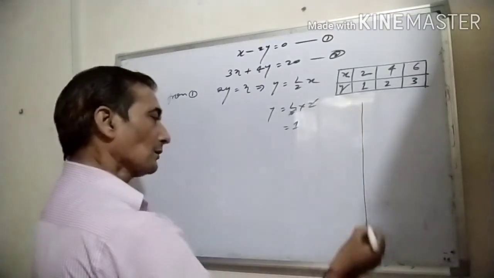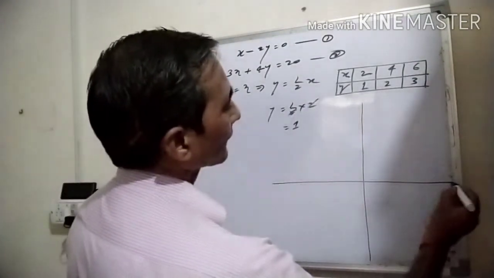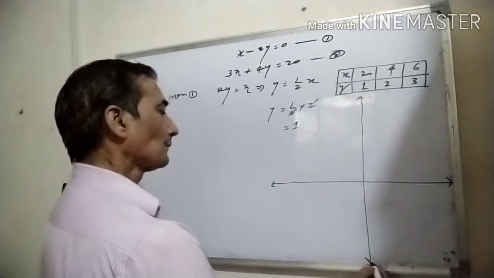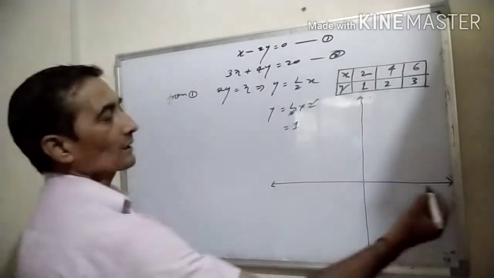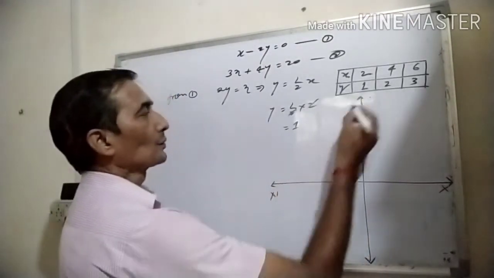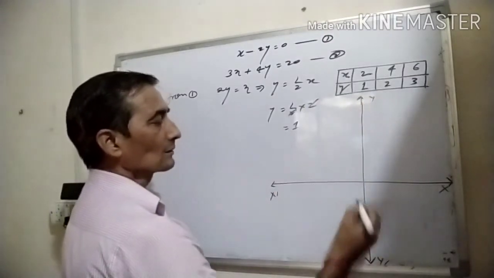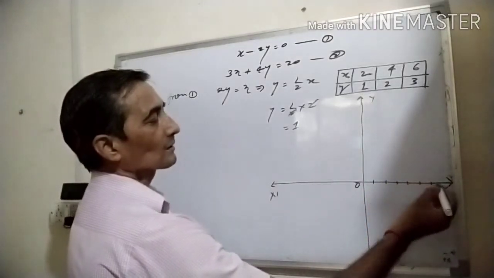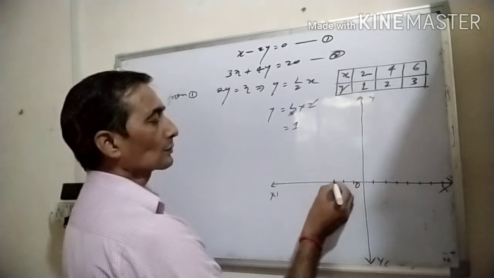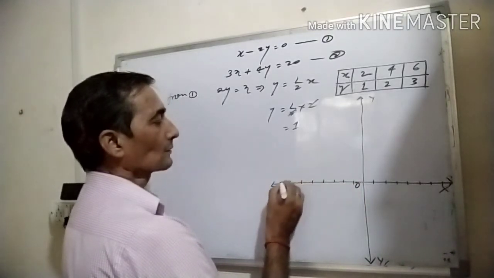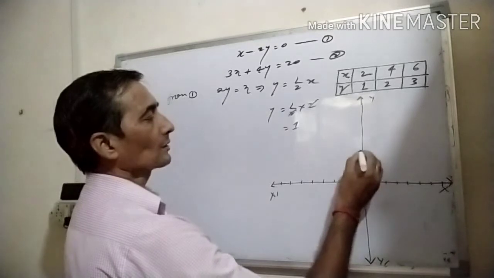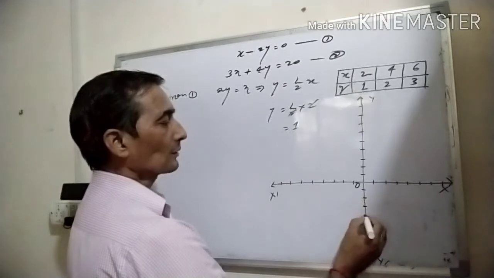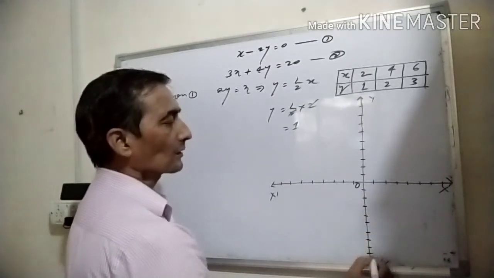Now, suppose that it is a Cartesian system, with x dash, y dash and the origin. Mark 1 2 3 4 5 6 7 8 9 on each axis.